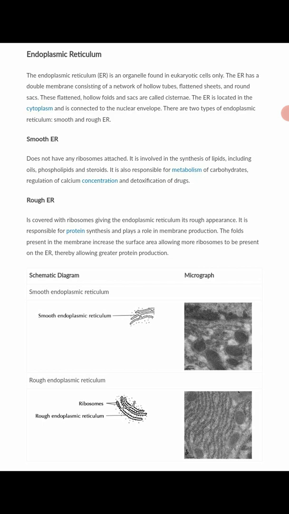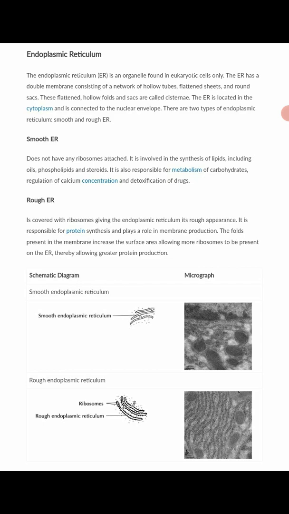The folds present in the membrane increase the surface area, allowing more ribosomes to be present on the endoplasmic reticulum and thereby allowing greater protein production. While the former sees the synthesis of lipids, phospholipids, and steroids, the latter, the rough endoplasmic reticulum, sees the synthesis and production of protein.